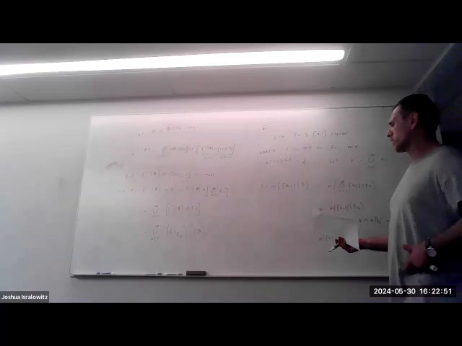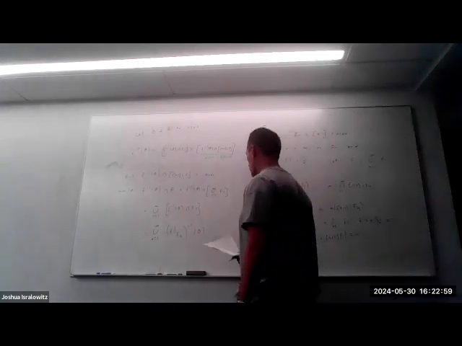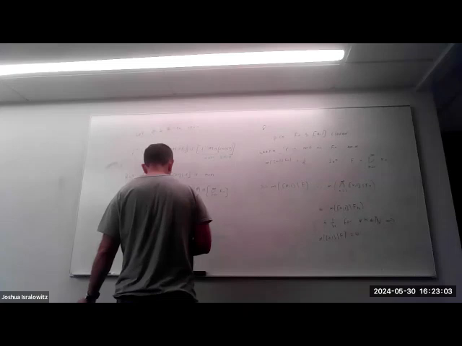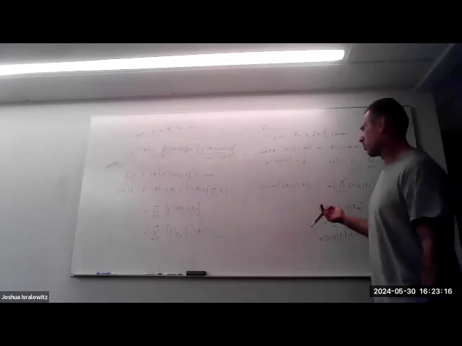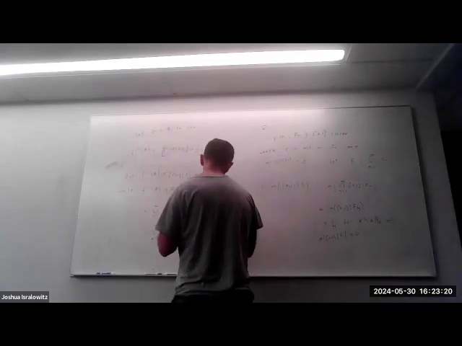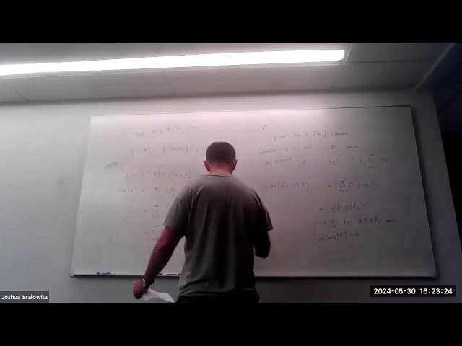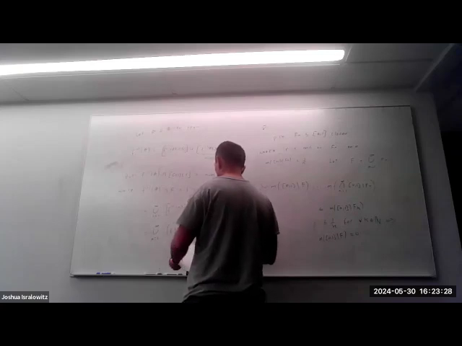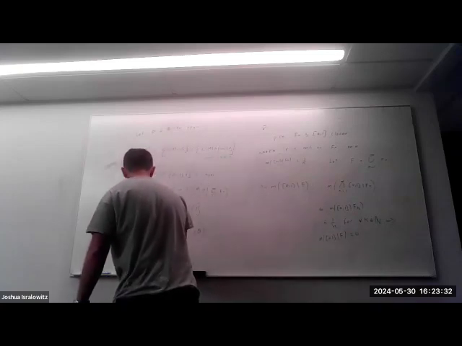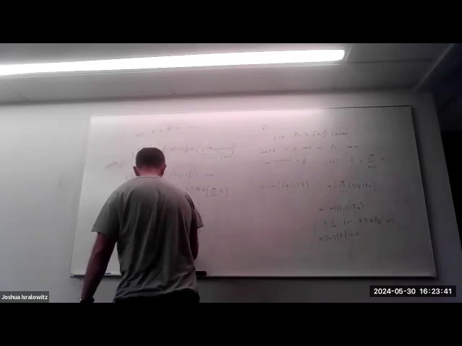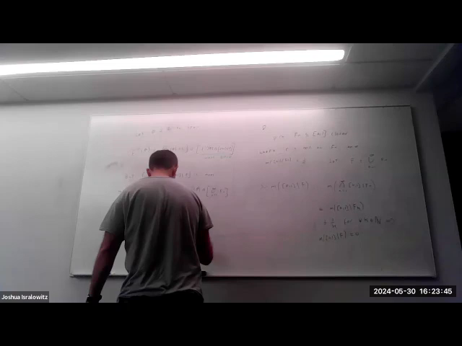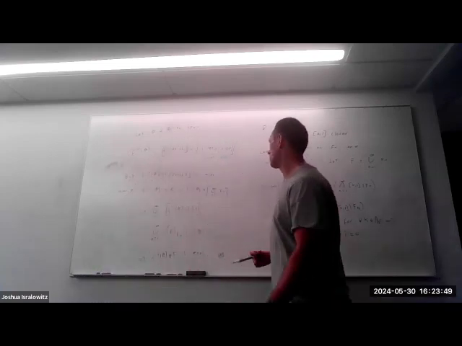So in particular, this is open, or at least relatively open in Fn. So it's the union of two measurable sets.